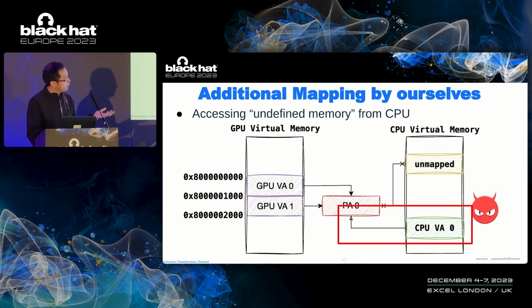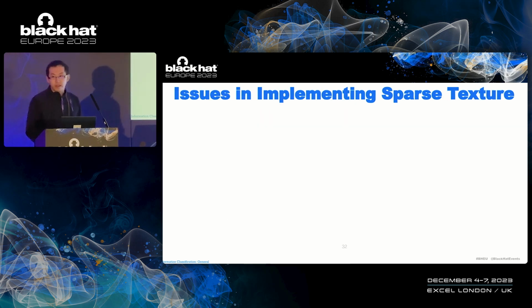We can now trigger the undefined behavior in this way. This is the first page use-after-free on the CPU side we introduce in this talk, and you can get an arbitrary number of freed physical pages you want. In short, it's a logic bug, and driver developers have to take care of any unexpected memory mappings.